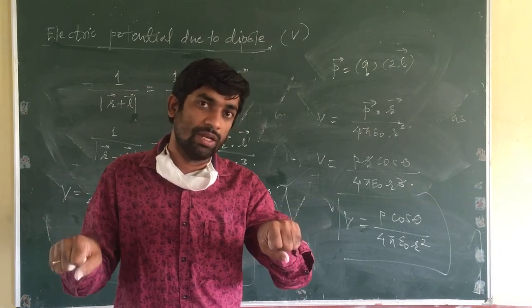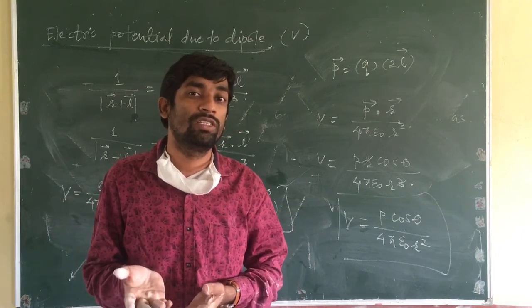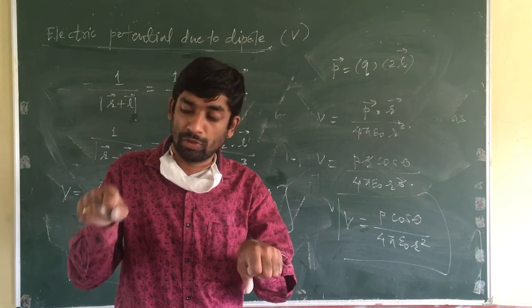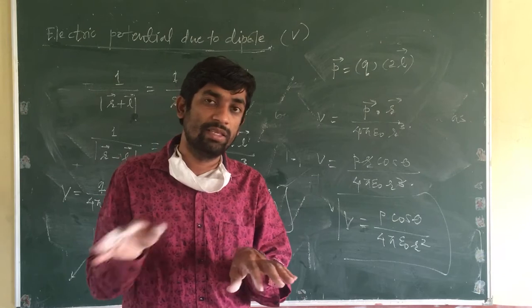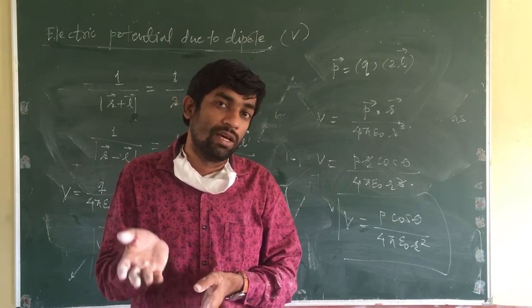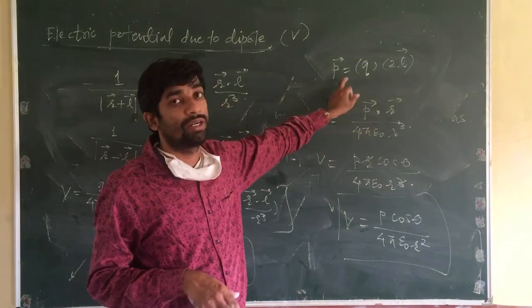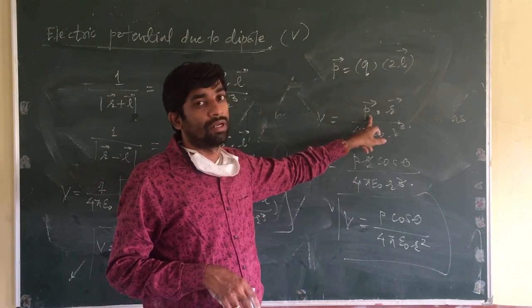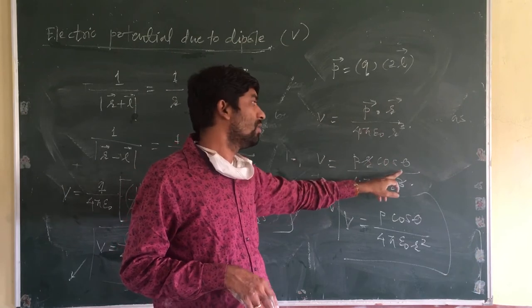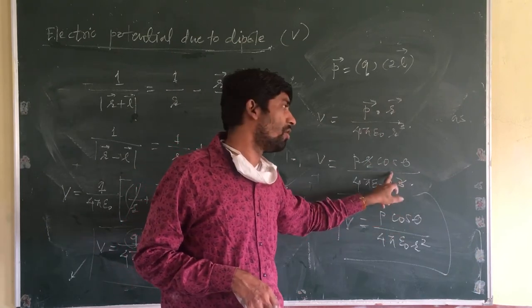Then for the negative charge, then what is the total potential? Potential will be the sum of the potential due to the negative charge and the potential due to the positive charge. Add these two potentials, then write the equation in terms of electric dipole moment, and if you write it in terms of the dot product, this equation will become the form of cos theta.